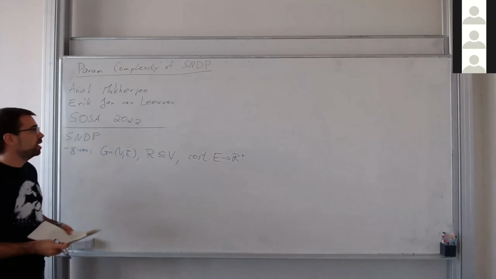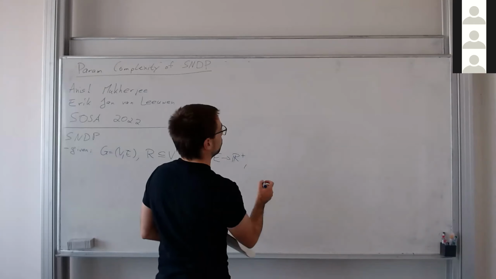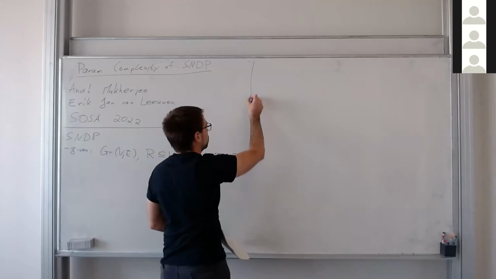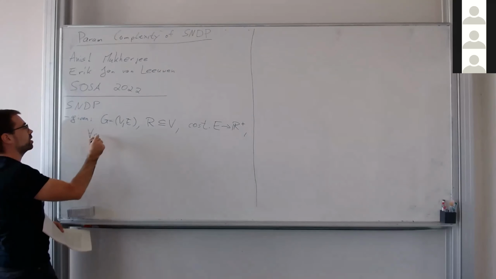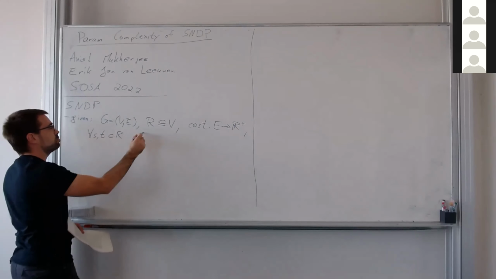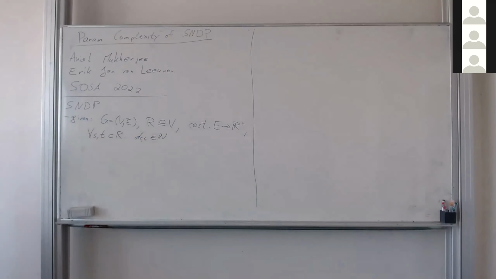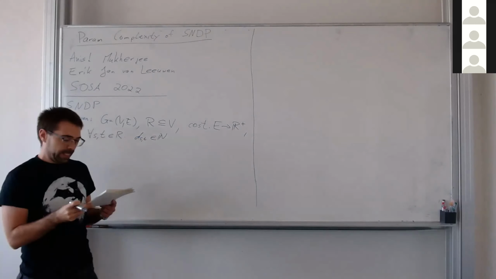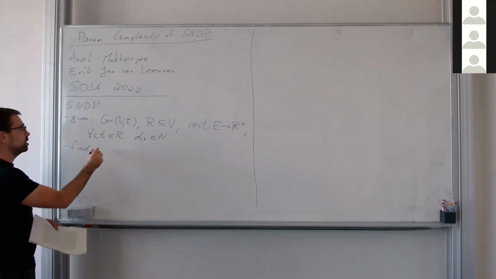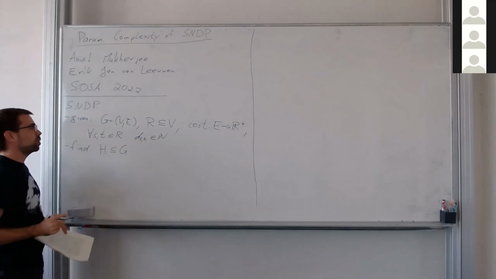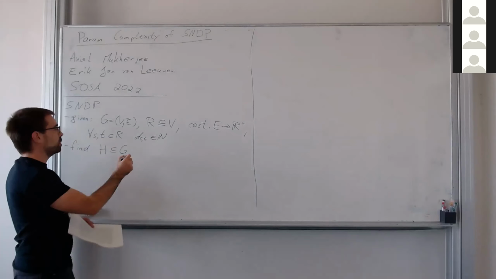And then there are demands. For every pair of terminals, there is this demand dst, which is some integer. That's what's given. Now you want to find some subgraph which connects the terminals according to the demands.